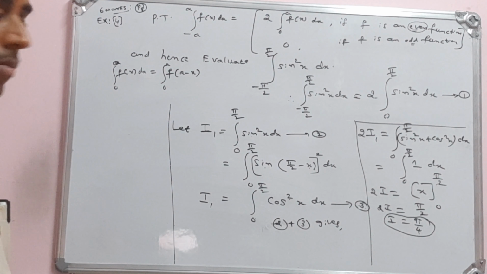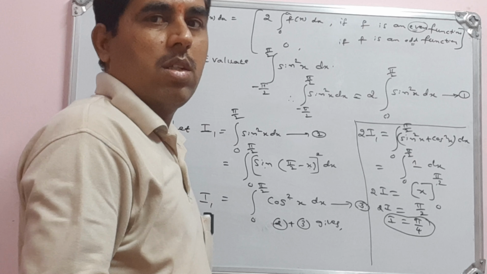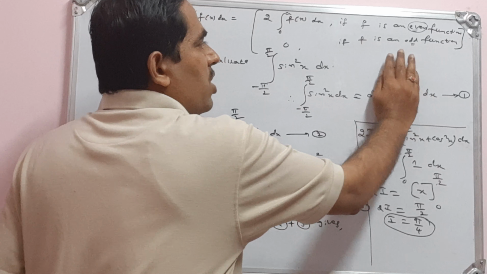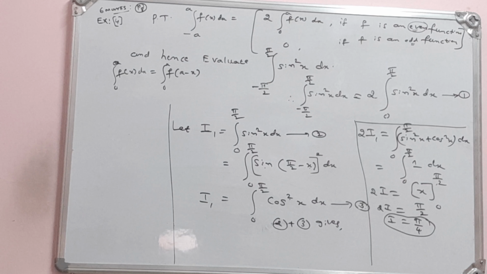You have to remember, you don't write the answer directly here, because your marks will be deducted. You have to do all the steps. I is equal to pi by 4. So now I can substitute this answer, pi by 4.